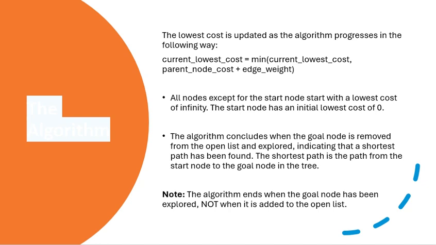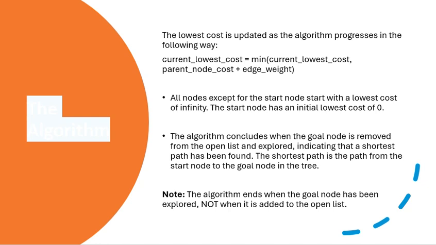All nodes except for the start node start with the lowest cost of infinity, and the start node has an initial lowest cost of 0. The algorithm concludes when the goal node is removed from the open list and explored, indicating that the shortest path has been found. And the shortest path is the path from the start node to that goal node. I hope you get this, but we will see shortly through an example.